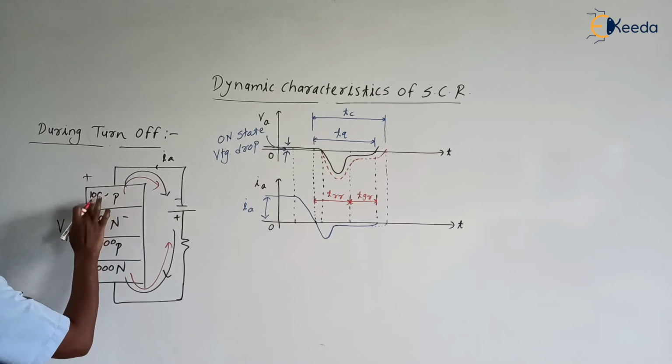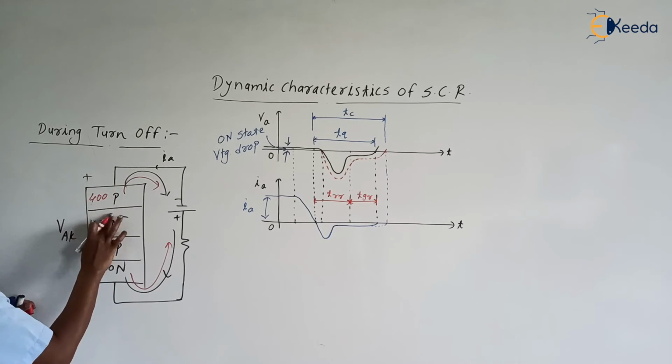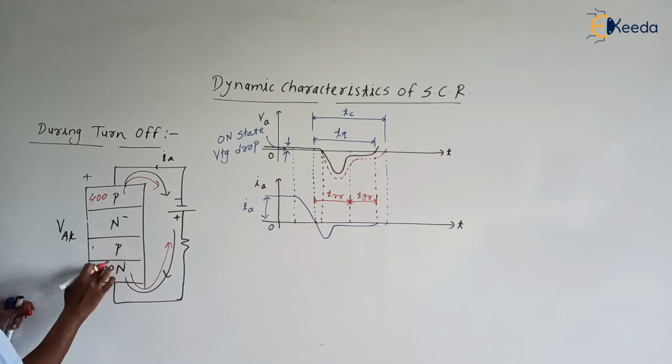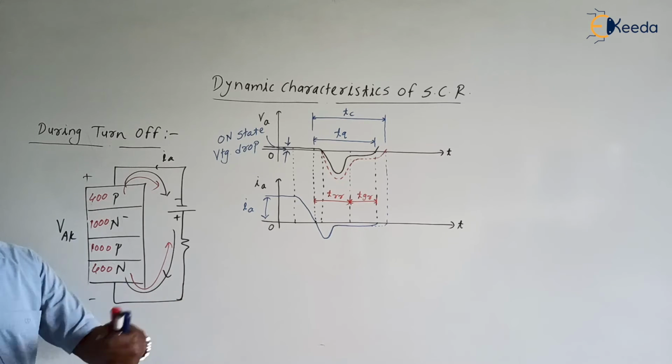Now what is the number remaining? Suppose only 400 are present here. Here we have 1000, here it is also 1000. So only 400 and 400 charge carriers are present now, because out of the 1000, 600 charge carriers have been removed.